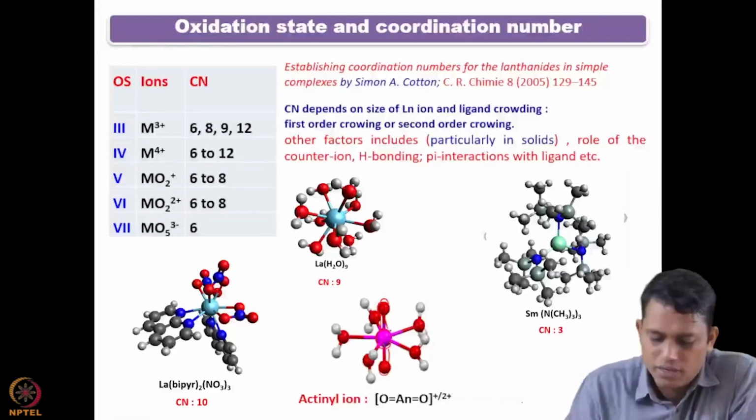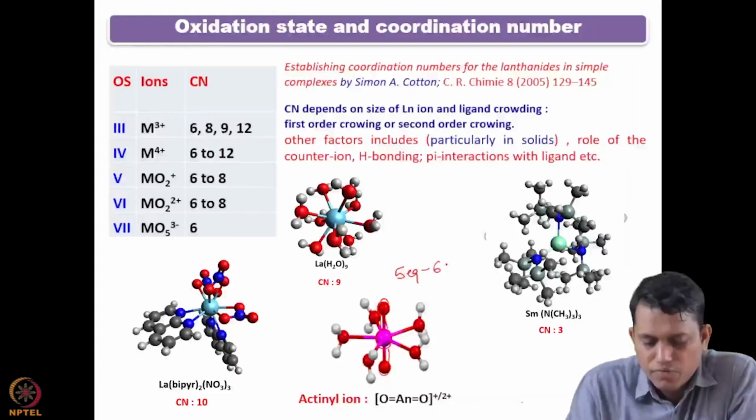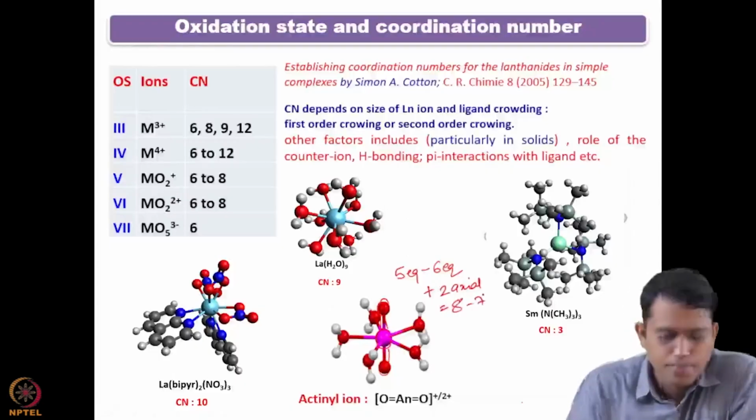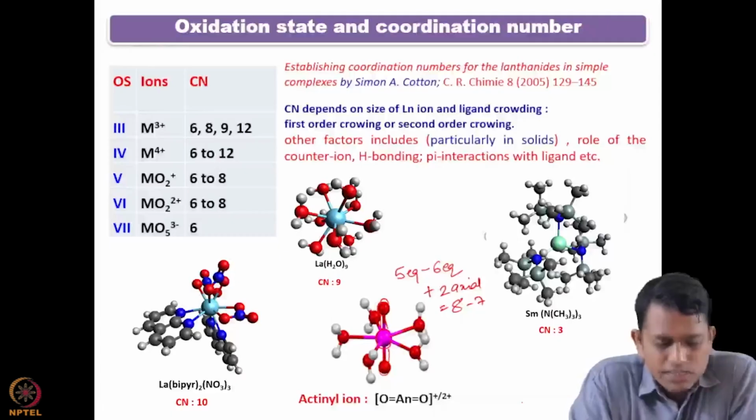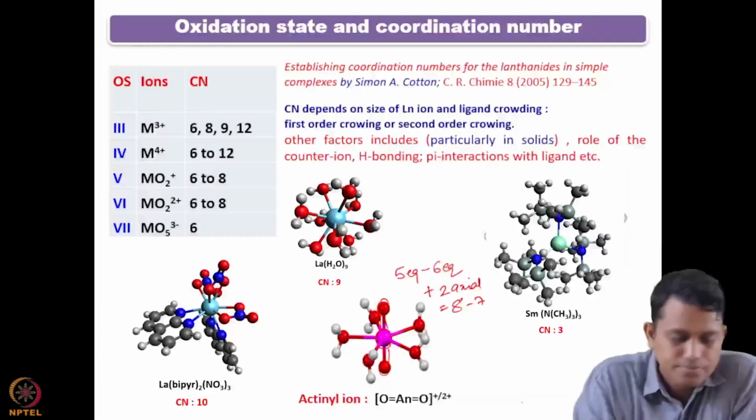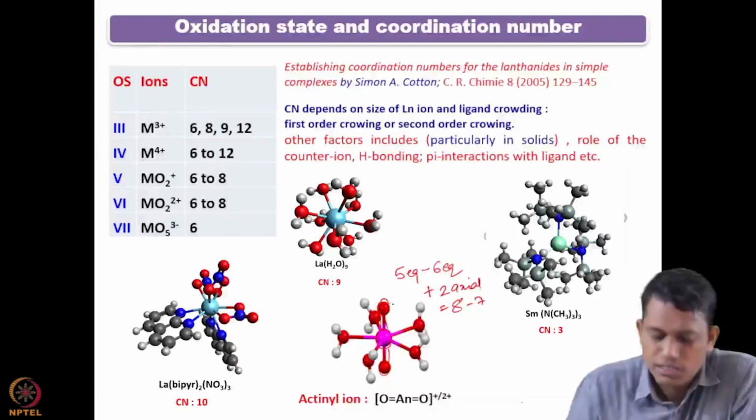And here this is an example of the aqua complex where you can see 5 aqua ions coming in the equatorial plane. So the total coordination number is 5, maybe 5 to 6, from equatorial, plus 2 in the axial position, giving a total of 7 to 8. So in general, these have a 7 to 8 coordination number. Again, the same is true for the tetravalent and the pentavalents also, because these are shown for uranium.